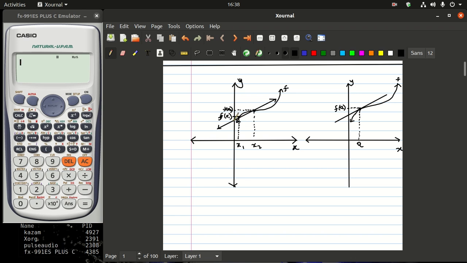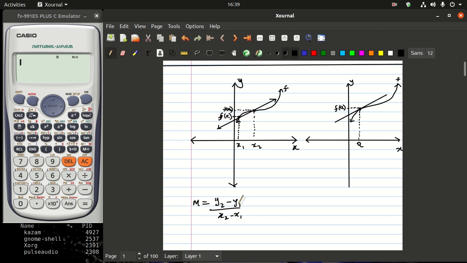If we are looking for the average rate of change of this function between these 2 points, we are actually looking at the slope of the straight line passing through these 2 points, the gradient of that line. We usually say m, the slope or gradient, is equal to y2 minus y1 all over x2 minus x1.